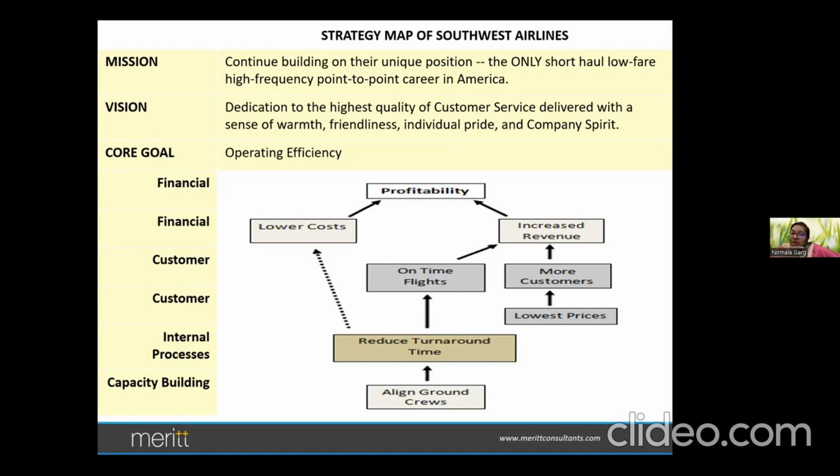The moment you go and check in, the Indigo ground crew will start ensuring that when there is an aircraft for departure, they will start lining up even before the aircraft has come. They will do the readiness, right?